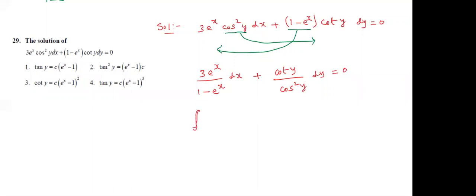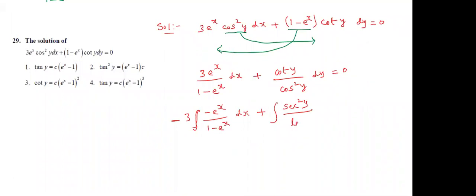3 take outside. This we already completed in the previous problem. Denominator 1 minus e power x is there. Derivative of that is minus e power x, so that's why minus here. Minus e power x by 1 minus e power x dx plus integration 1 by cos square y means secant square y.